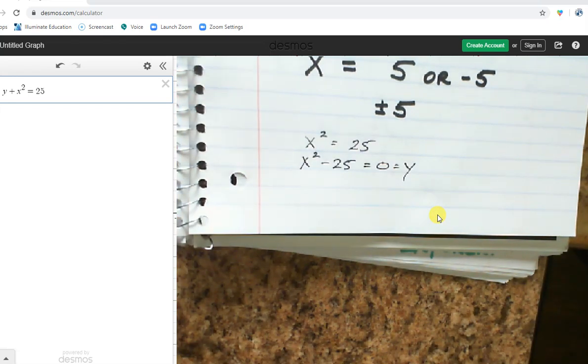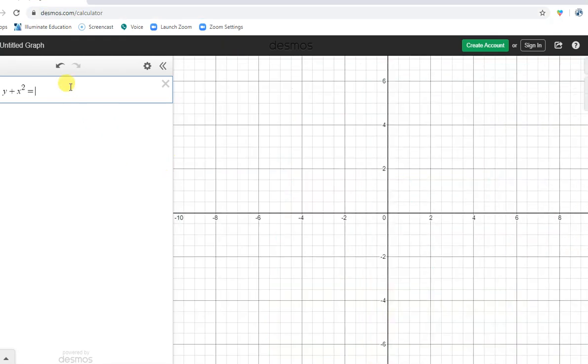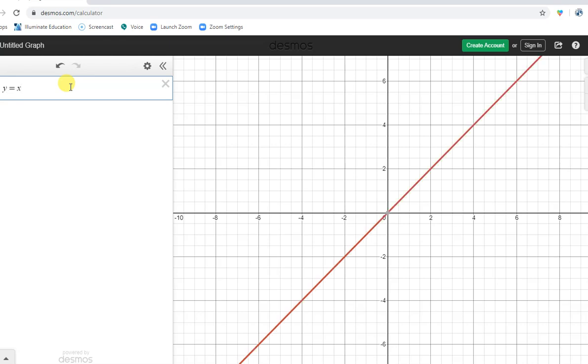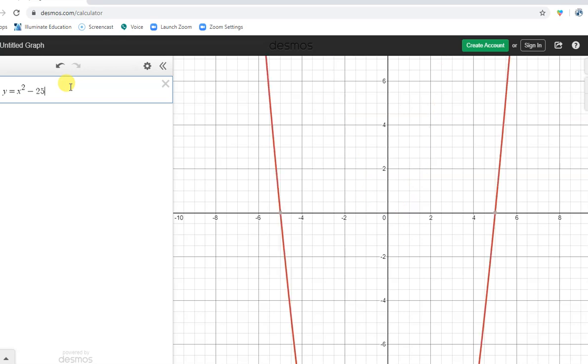So what I have back here at Desmos, I have y equals x squared minus 25. I know I'm going off on a tangent. I want you to see that the solutions to this, the plus 5 and the negative 5, are actually the x-intercepts. So the x-intercepts are the solution. That's just a connection I'm hoping you can make.